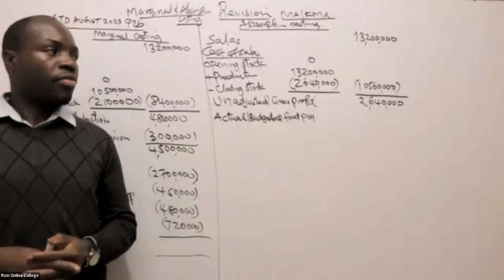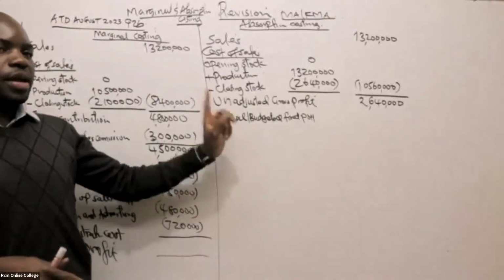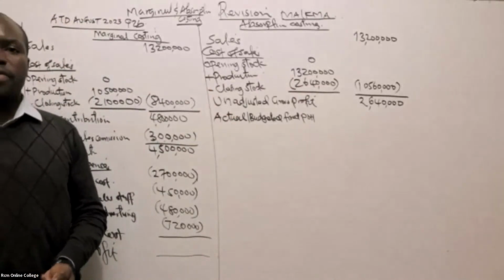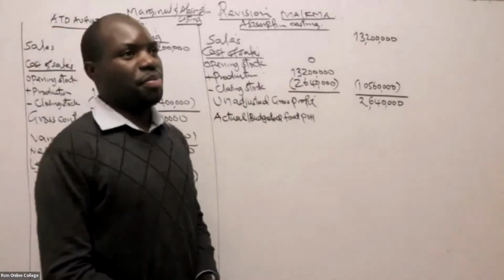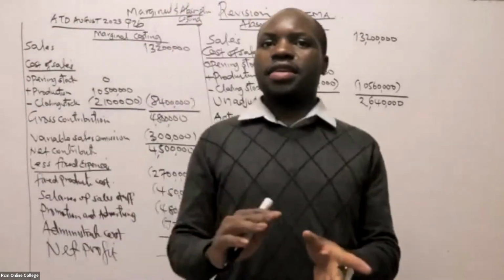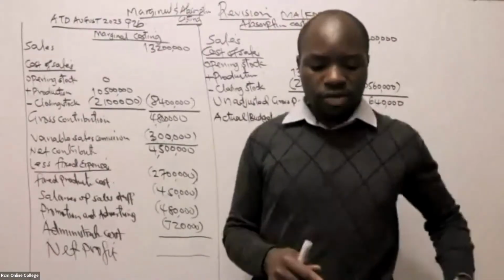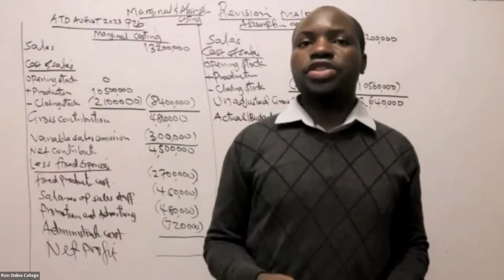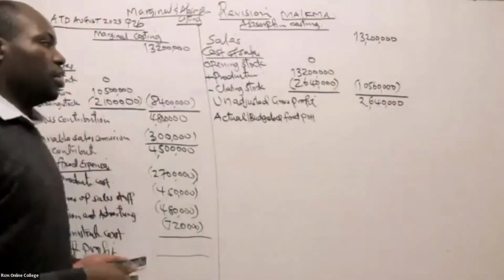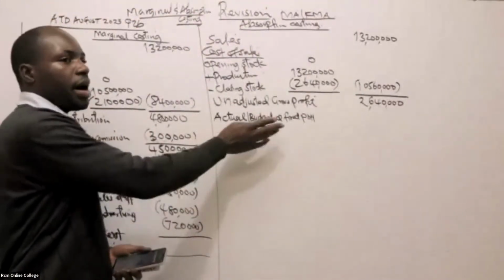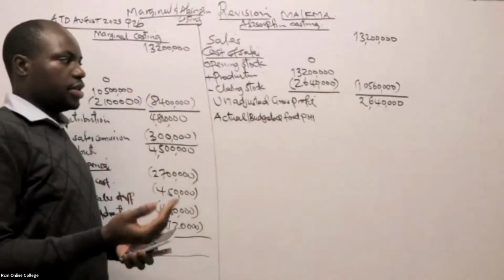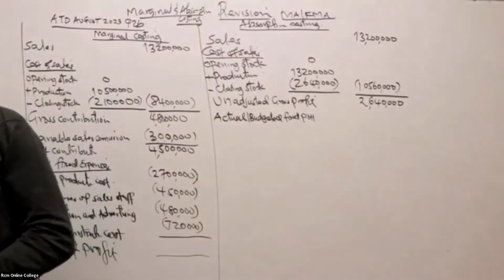I'm repeating that because in some questions, for example in CPA, one of the sittings in 2023 or 2024, we were having actual and budgeted. So students are not able to pick, is it actual or budgeted?